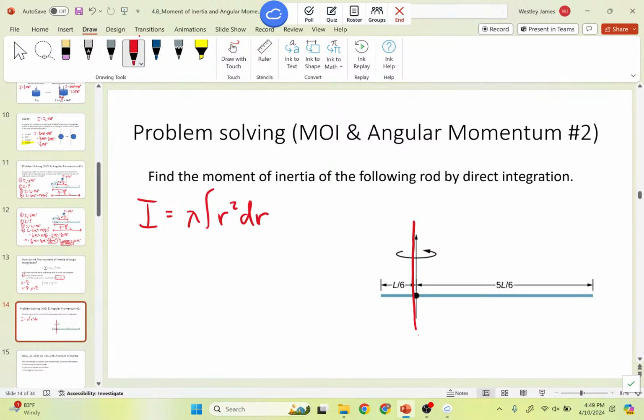So this side is to the left of that, so it's negative L over 6. This side is to the right of that, positive 5L over 6. These are our limits of integration.